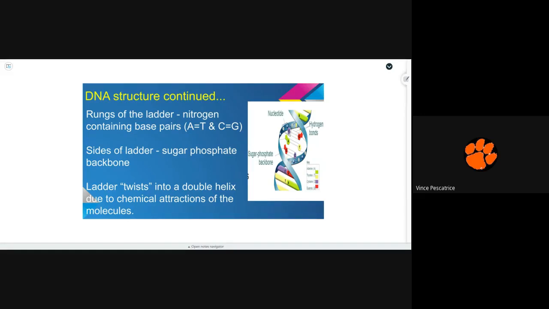So the ladder twists into a helix in order to be compacted down into chromatids.